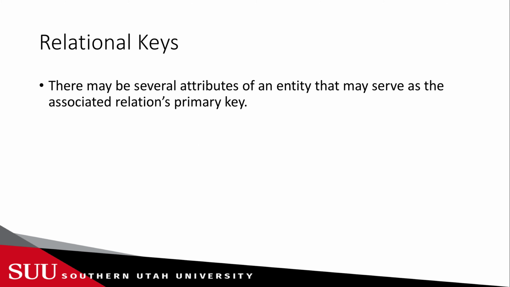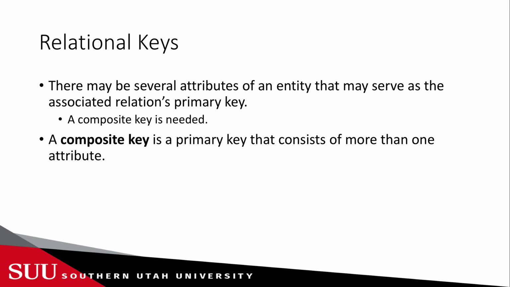Now there may be several attributes of an entity that may serve as the primary key for that relation, and in that case we will need what we call a composite key. Now a composite key is a primary key that consists of more than one attribute.